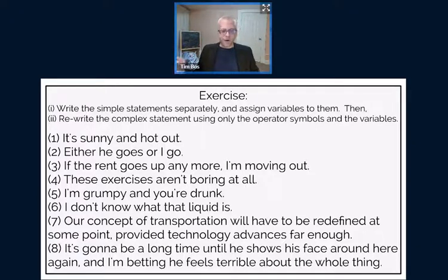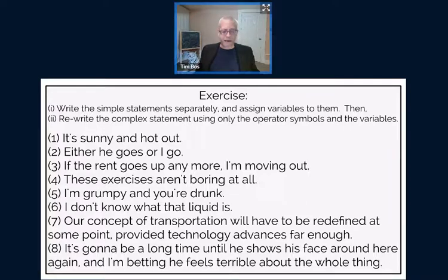So first, just rearrange it using the word if, right? So you could have just done that. Our concept of transportation will have to be redefined if technology advances far enough. Well, then you realize, okay, I've got the if. I always want to put if first because I always want to make sure that we do it in if-then format, right? So then you simply switch it. You simply put the if part first. If technology advances far enough, then our concept of transportation will have to be redefined at some point.